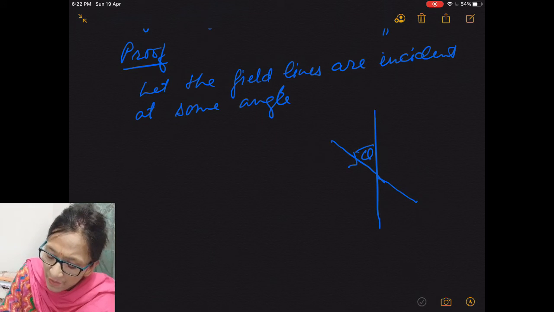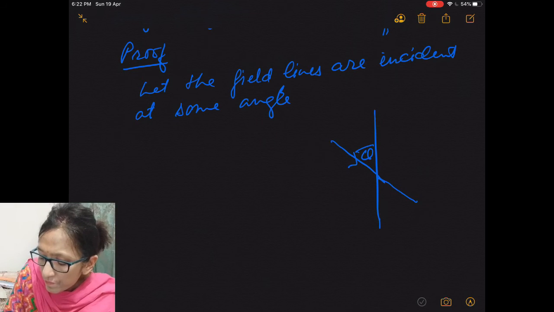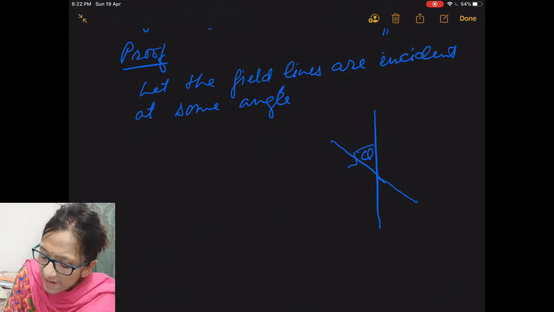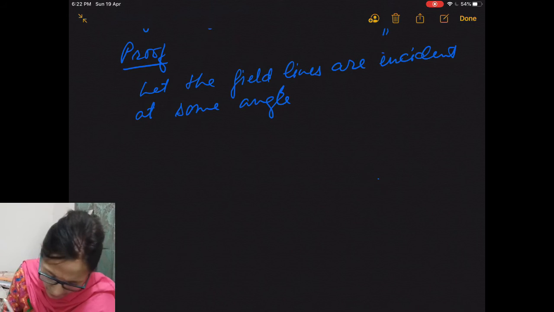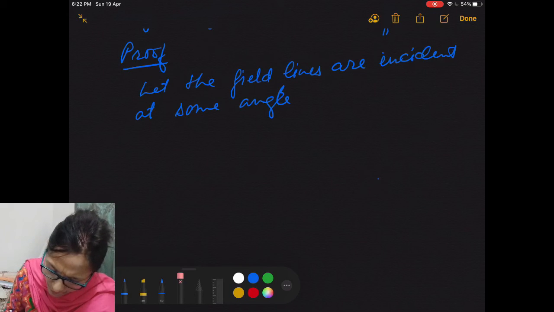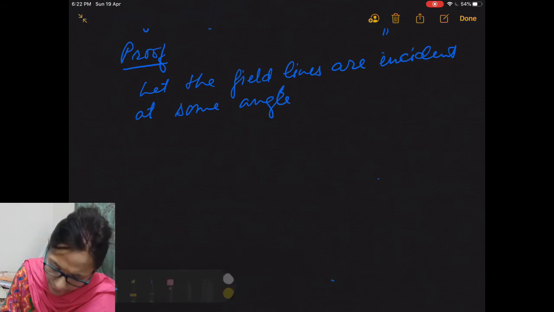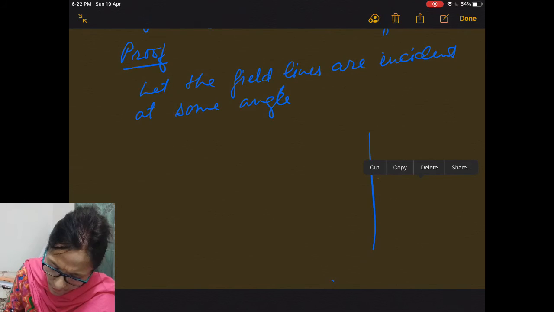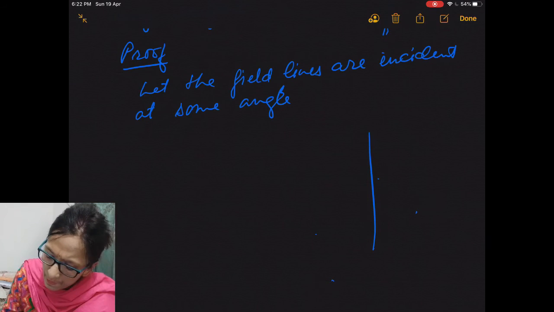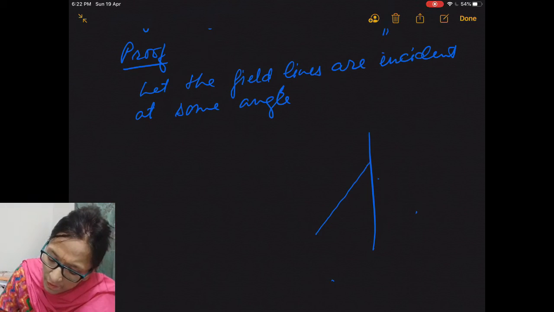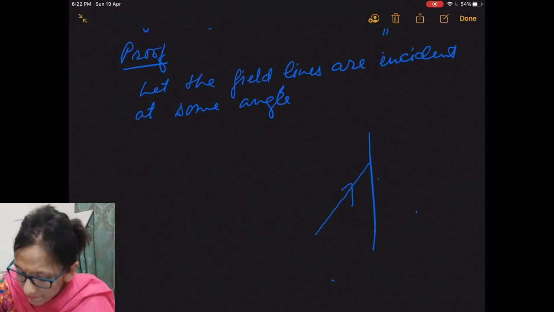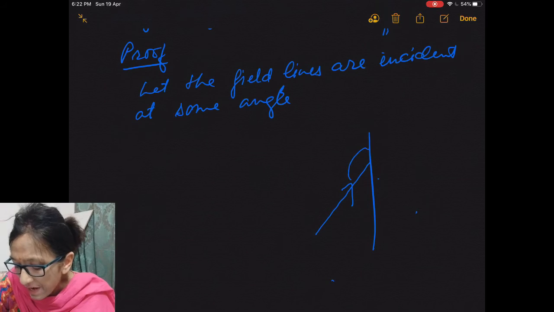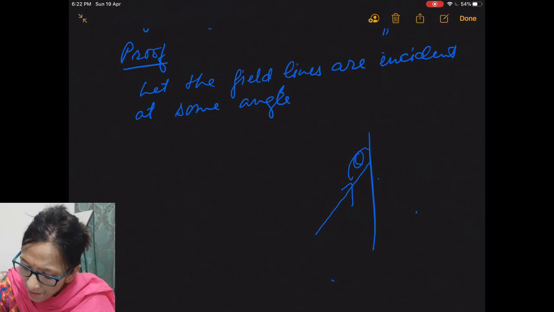Suppose the electric field line is falling at some angle theta.